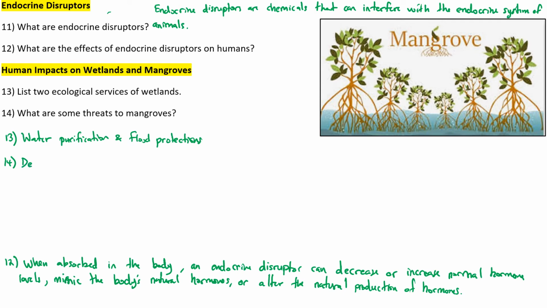So, threats would be the desire to live on the coast. So that would be humans desiring to live. That would cause construction and thus the manipulation of the natural habitat. Then we also have the destruction to make fish farms or aquaculture.